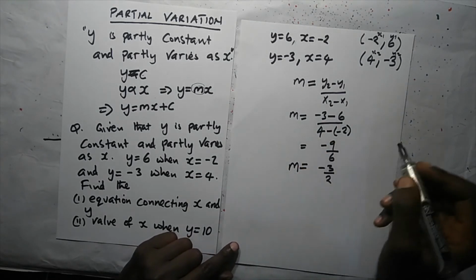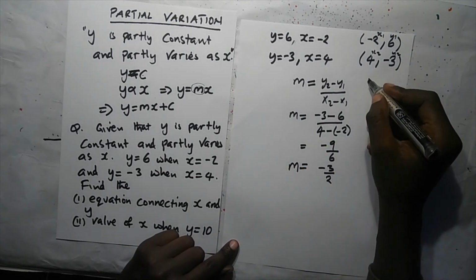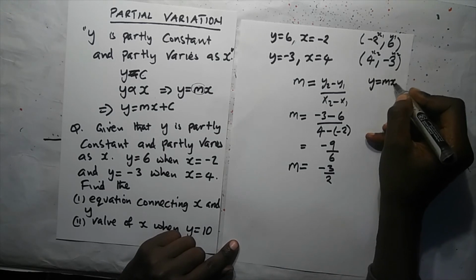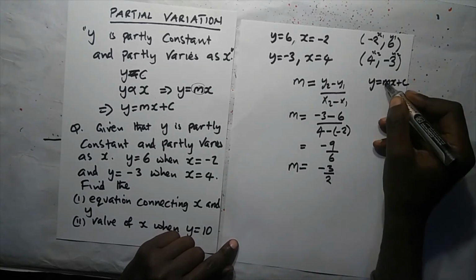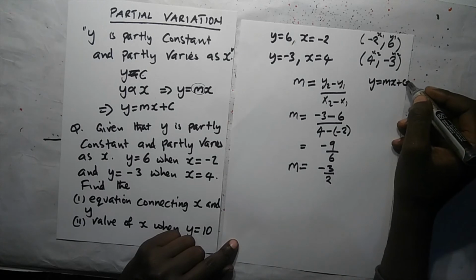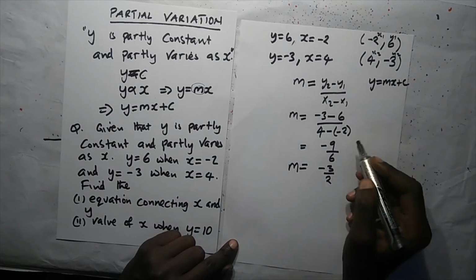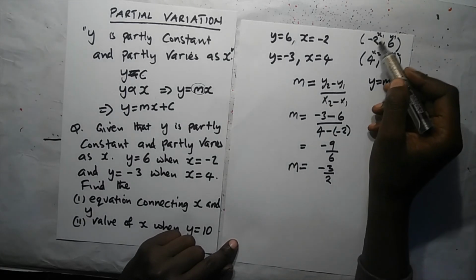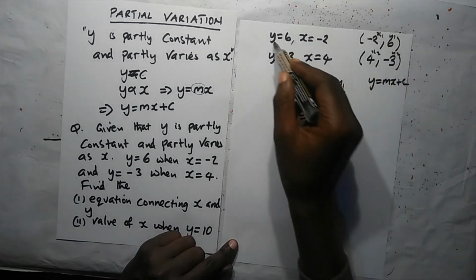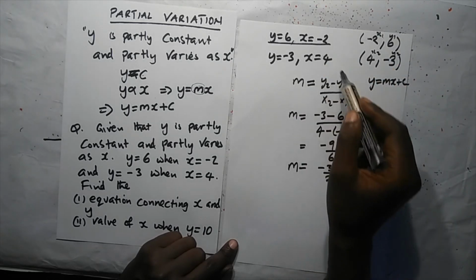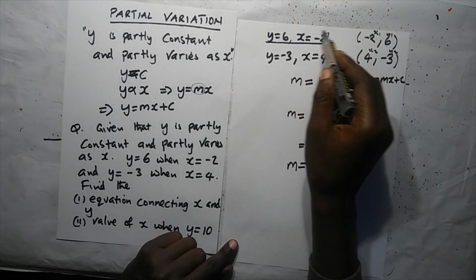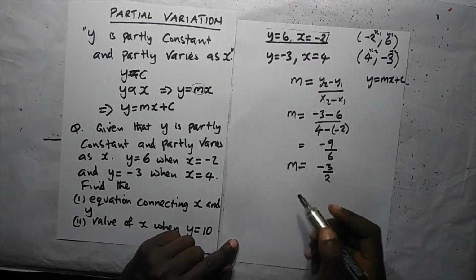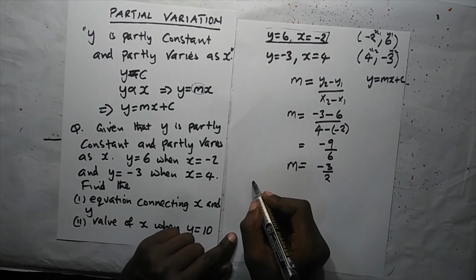Okay, so in our equation, for y, which is supposed to be y is equal to mx plus c, we have found our m. So the only one that remains is c. And so what we are going to do is, we are going to pick one of these two coordinates here. Either we'll get these numbers or these ones. So I'll get the ones that are on top here, negative 2 and 6, and use them to find the value of c.